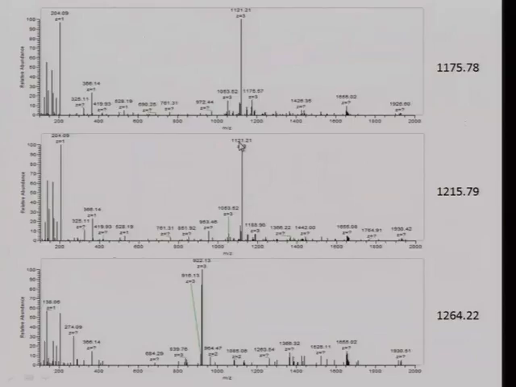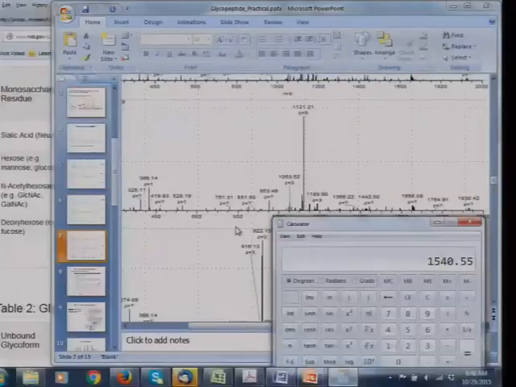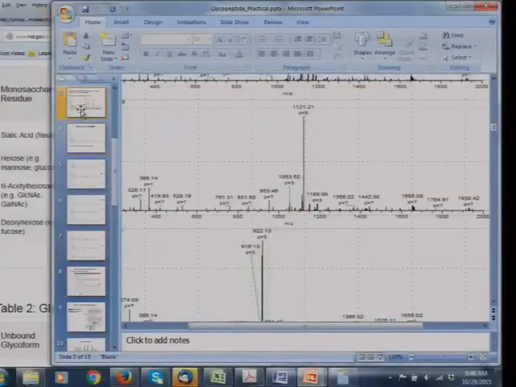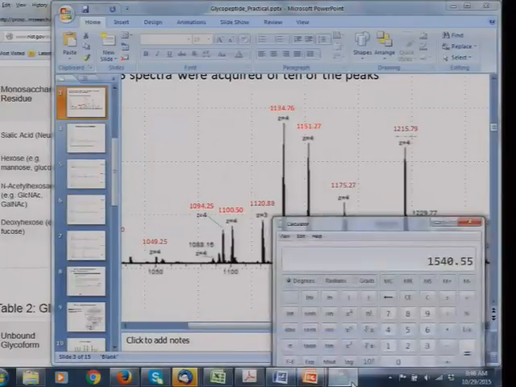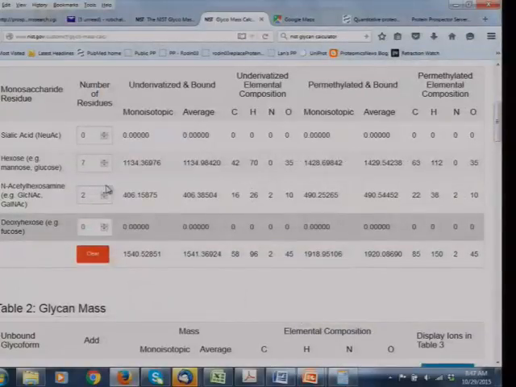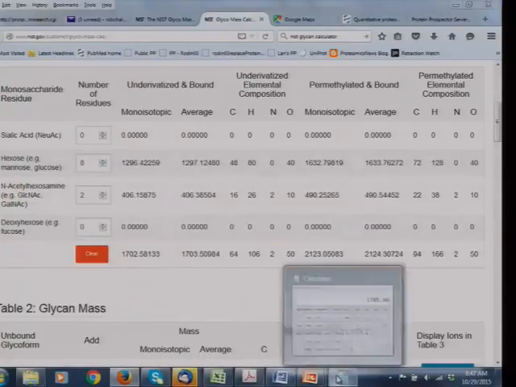And again, we've got a big 1121, so we've got another version of the same peptide. 1215.79 times 4, take away 1705. I think it should be 1702. Right.